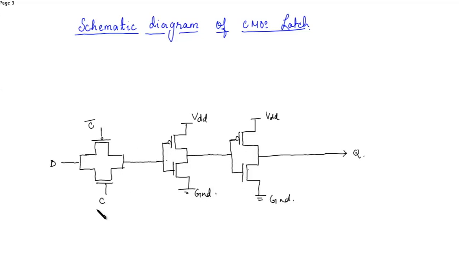Now when C is equal to 1, then this transmission gate is activated. So we'll place a transmission gate so that when the control input C is equal to 0, then this transmission gate will work.